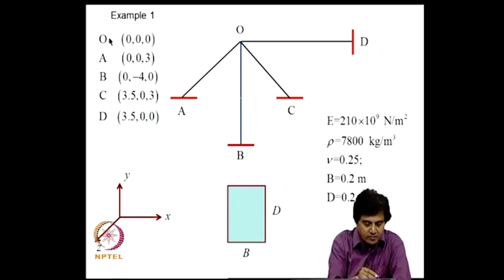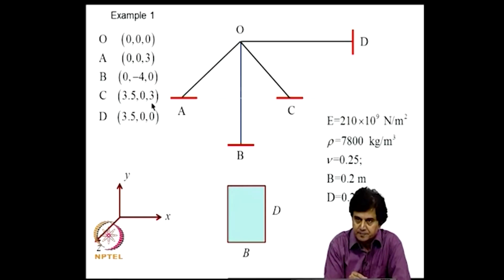The coordinates of these 4 points are shown here. We select the origin at O, and A is 3 meters, B has height 4 meters, OD is 3.5 meters, and C has coordinates 3.5, 0, 3.